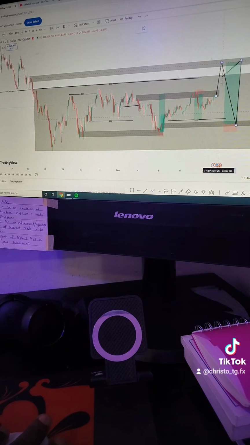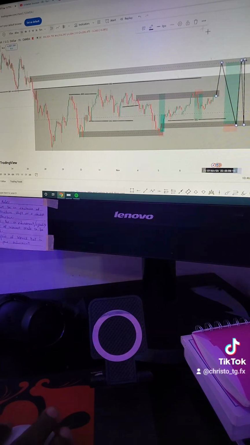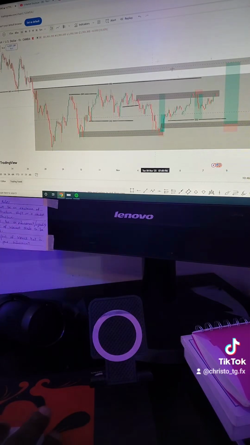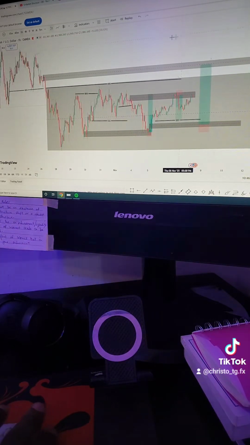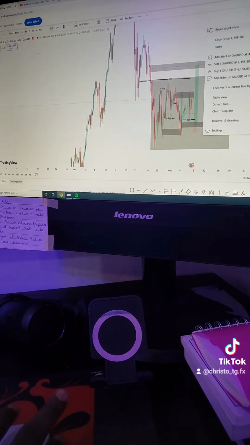But if the market first taps me into this zone for me to buy from here, I'm going to be anticipating the market to break this zone. But if the market taps me into this sell first, I'm anticipating the market to come down to this zone, then I will buy. So that's what I'm looking out for. Generally, gold is in an uptrend, so you have to have that in the back of your mind that we are in an uptrend.